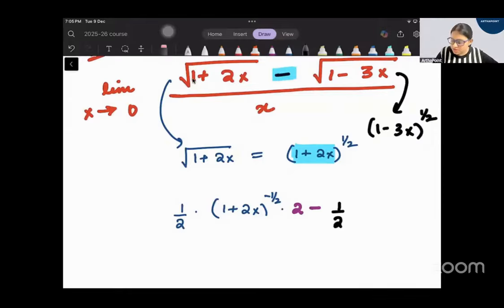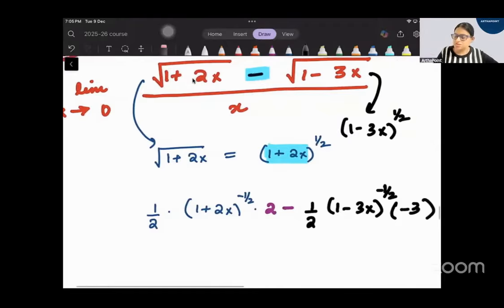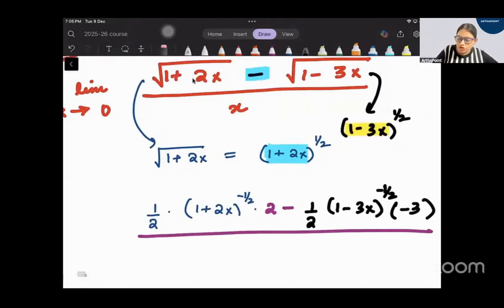So power comes down, power reduces by 1, into minus 3. You have to differentiate what is coming inside, upon differentiation of the denominator. Don't apply the quotient rule. You have to differentiate numerator and denominator separately for L'Hopital's rule.